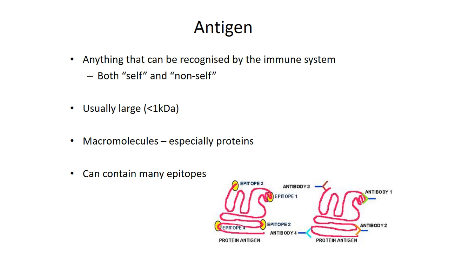Okay, so for instance, in the diagram presented, this antigen has 4 different regions that the immune system recognizes, indicated as epitope 1, epitope 2, epitope 3 and epitope 4.